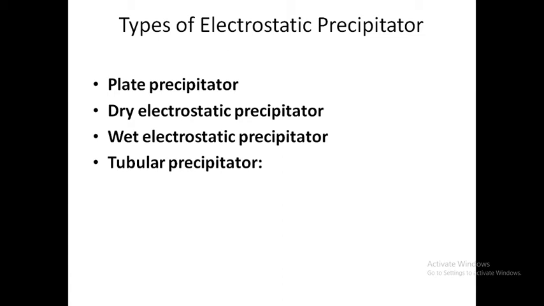The arrangement of the tubes would either be circular, square, or hexagonal honeycomb, with gas either flowing upward or downward. The gas is made to pass through all the tubes. They find application where sticky particles are to be removed. So this is the tubular precipitator.